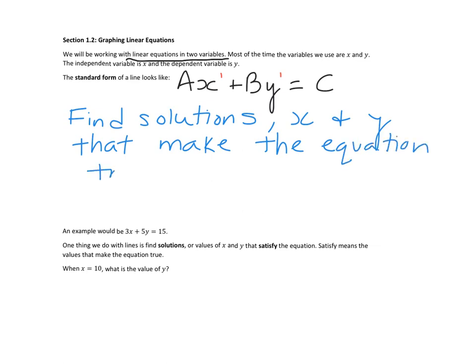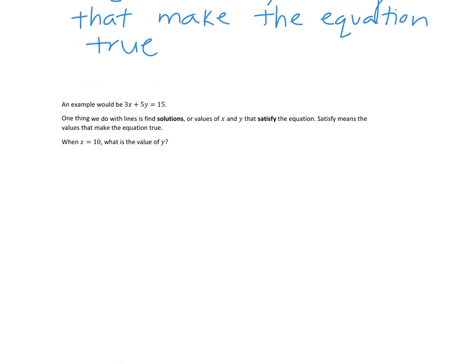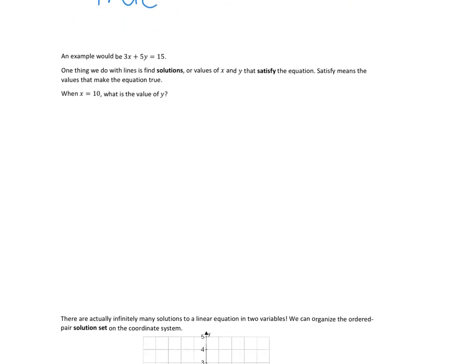Okay, so an example of that would be down here, 3x plus 5y equals 15. So in this case, uppercase A, B, and C are now our numbers. So again, this is an example of a standard form of a line.